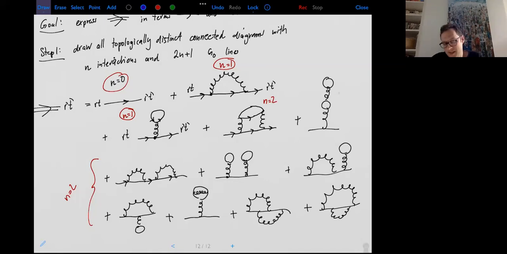I think you're right. These are just pictures, right? Be careful, I feel like you're attaching a lot of reality to these pictures. Fundamentally, these lines represent Green's functions, not electrons, right? Right. Okay.